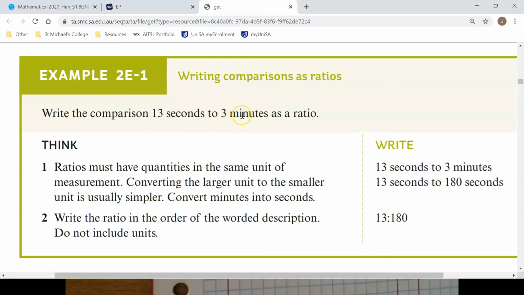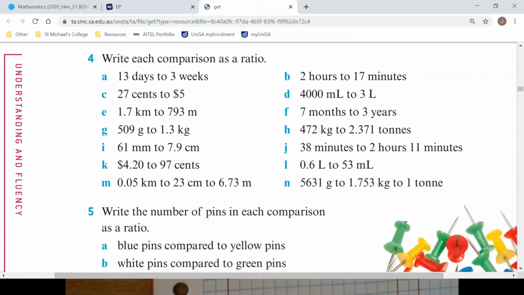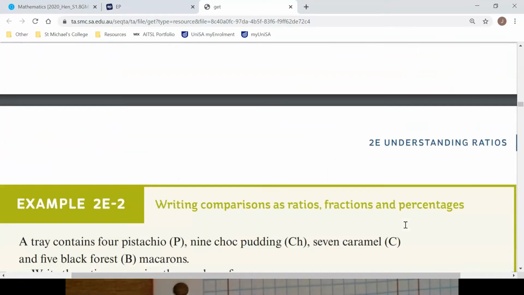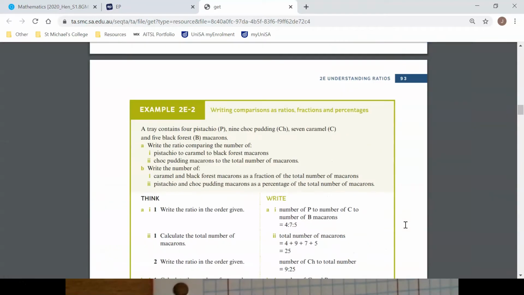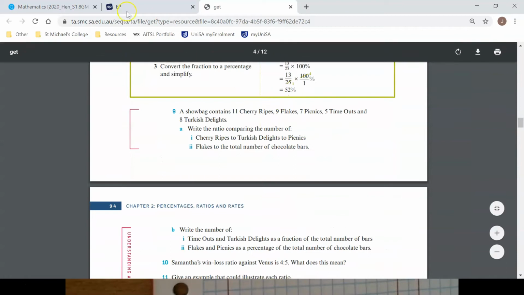They've converted 3 minutes into seconds. Because we know there's 60 seconds in a minute, 3 minutes is 180 seconds. So therefore the ratio of 13 seconds to 3 minutes is 13 to 180. And we will leave that there.